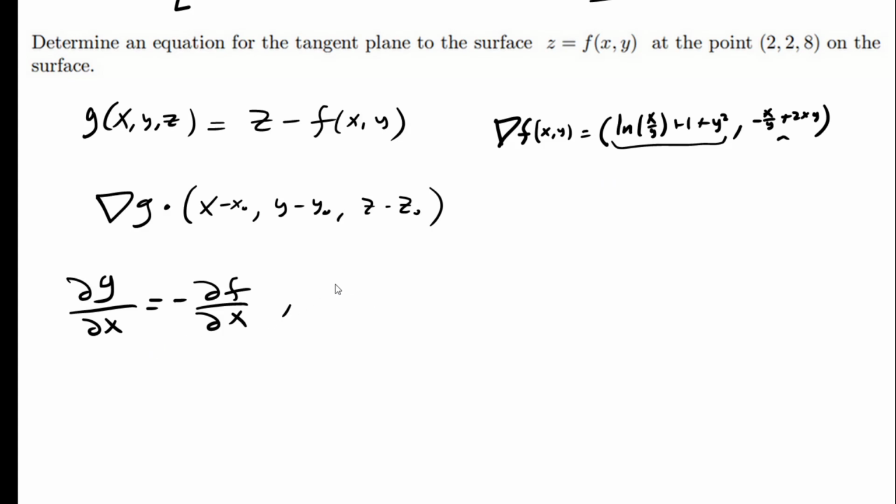And similarly, dg/dy is going to be negative df/dy. And also dg/dz is just going to be 1. And of course, x0, y0, z0, that's going to be this point right here.